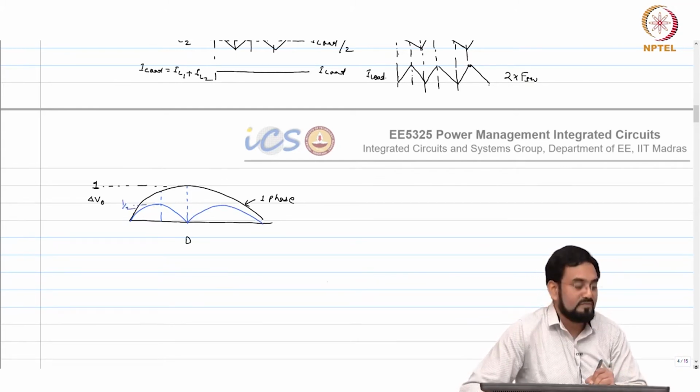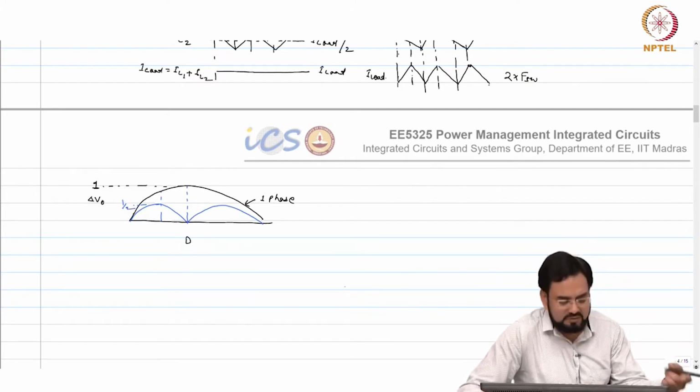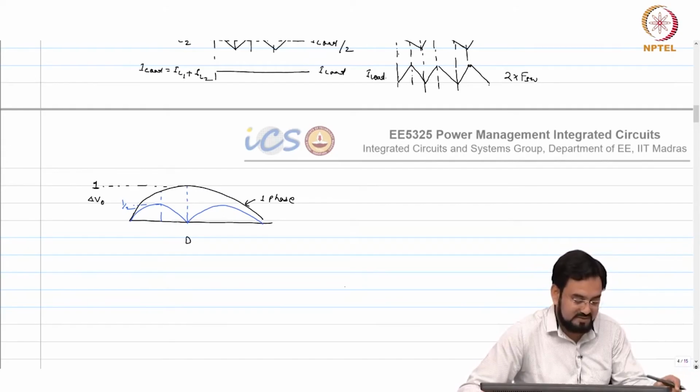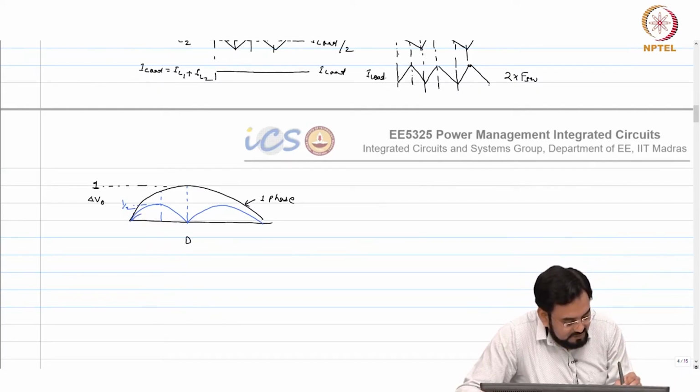Now if I add, let's say, one more phase, or let us say 2 phase, sorry 4 phase, just keep it simple. So, it will do this will be 0.5, 0.25.